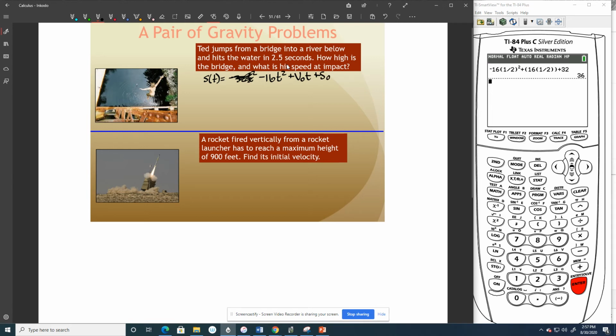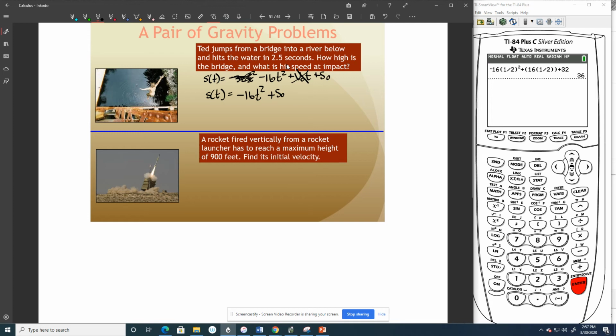Now, in this case, if he's jumping off the bridge, it doesn't say anything about him jumping up. So we're going to assume that his initial velocity is 0. So my position is just going to equal negative 16t squared plus s naught, and s naught is the height. That's what we're looking for.